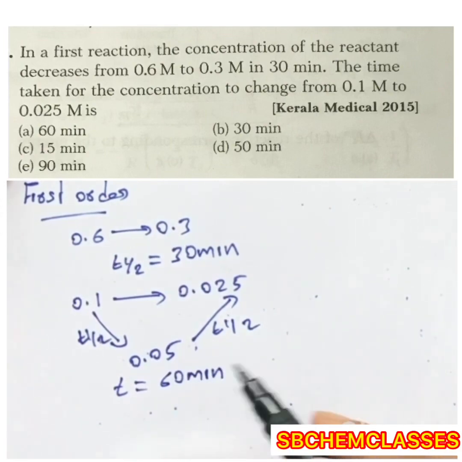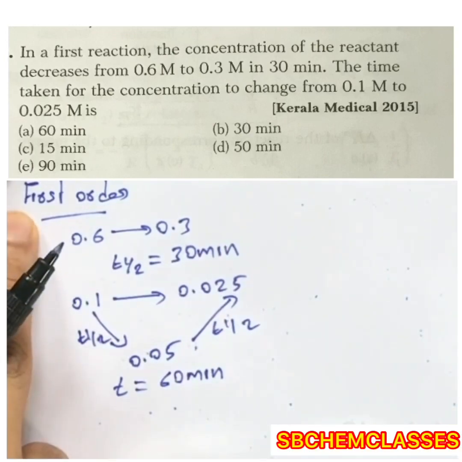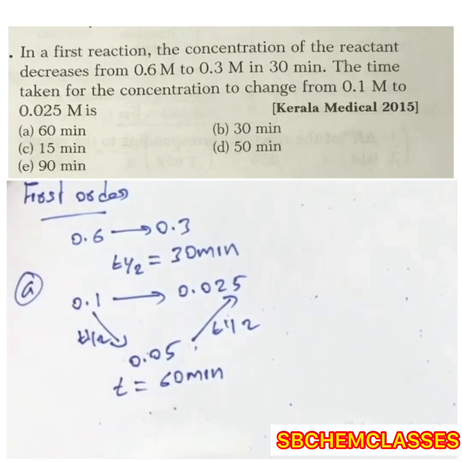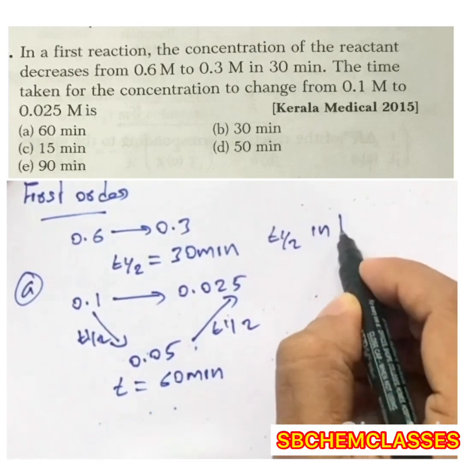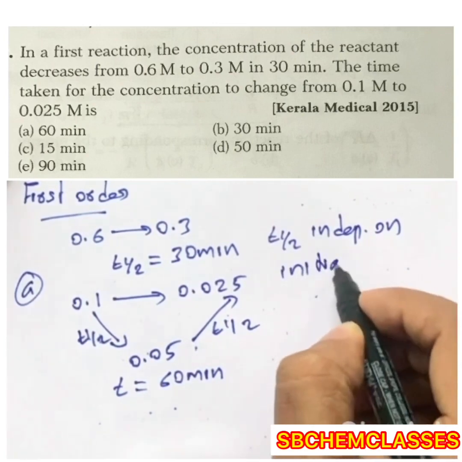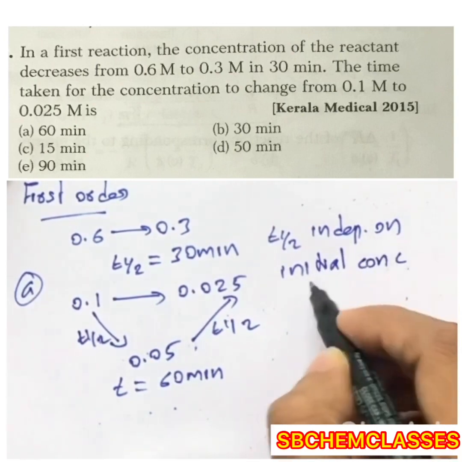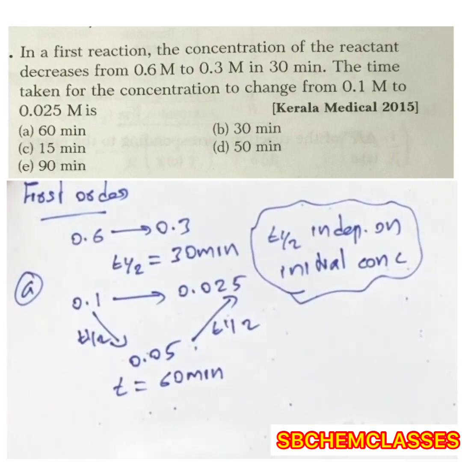That is option A. This technique can be used for first order reaction because we know for first order reaction, T half is independent of initial concentration. That's why we can use this technique.